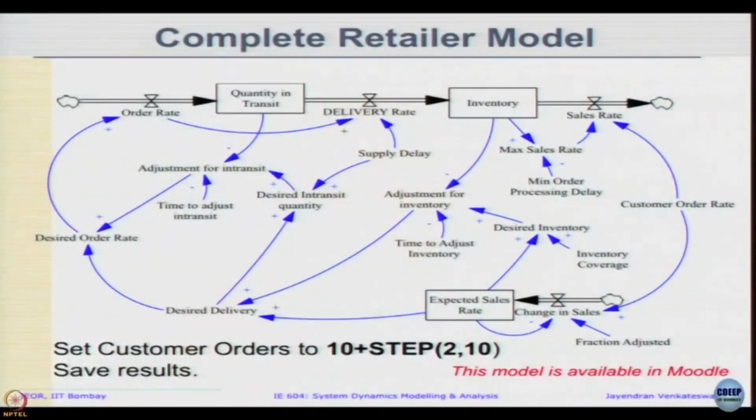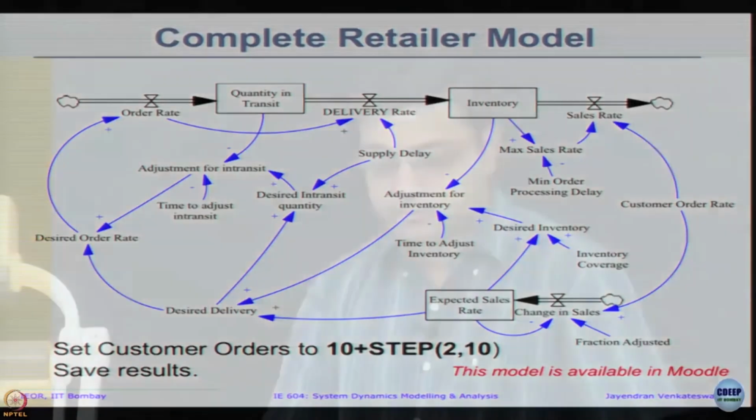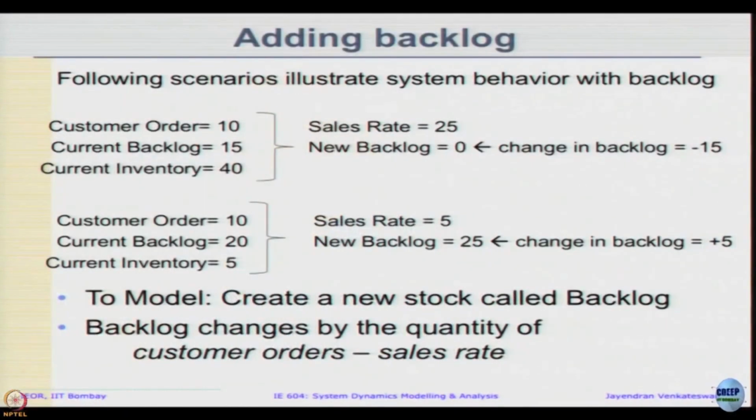So, we are going to modify this model by including backlog. To do that you have to include a backlog, and if it is a stock then there has to be a flow, the flow is also given, the equations for flow is given.